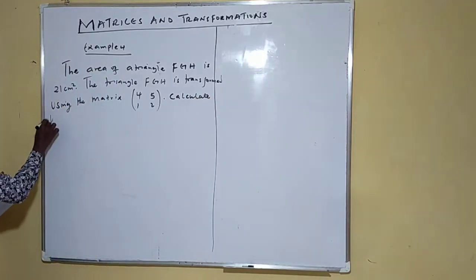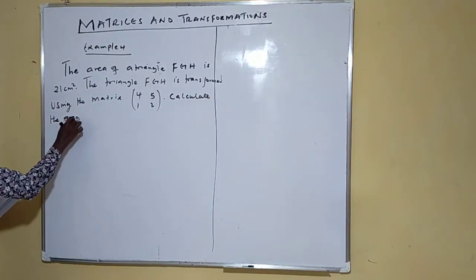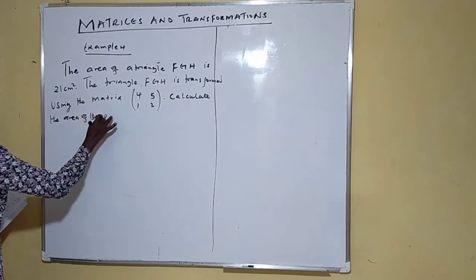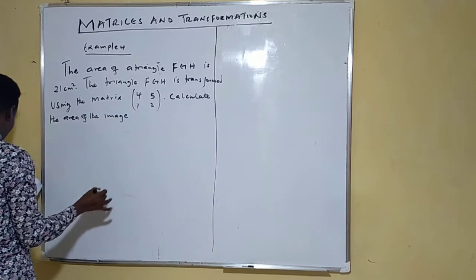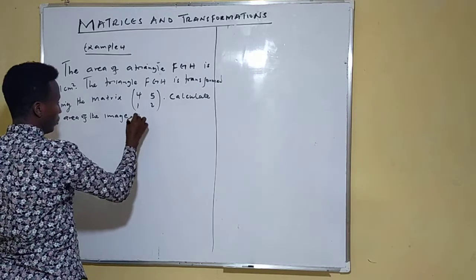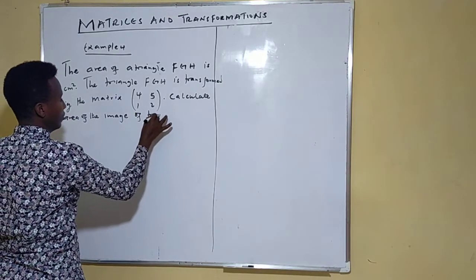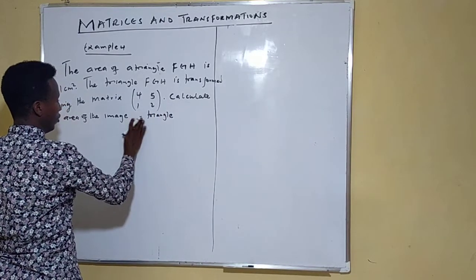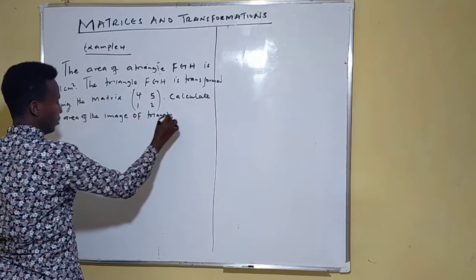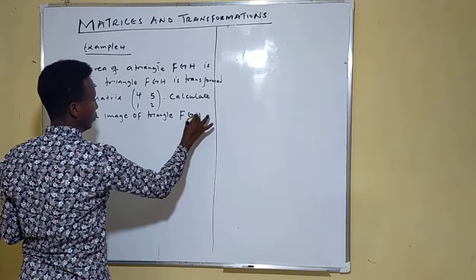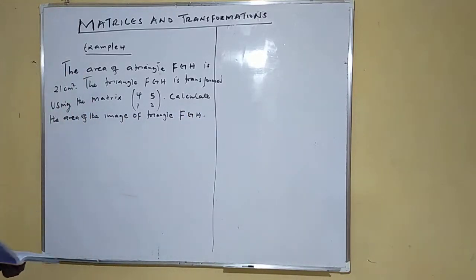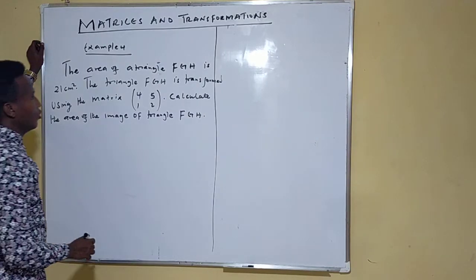Calculate the area of the image of triangle FGH. So what do you have now? You are told the area of triangle FGH.